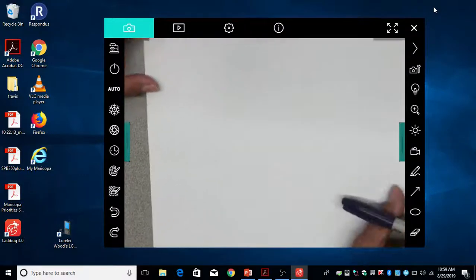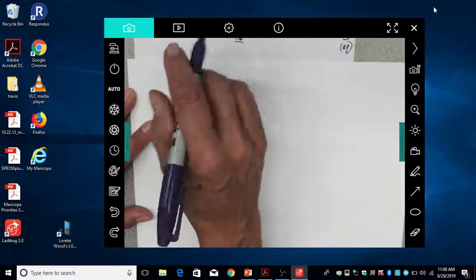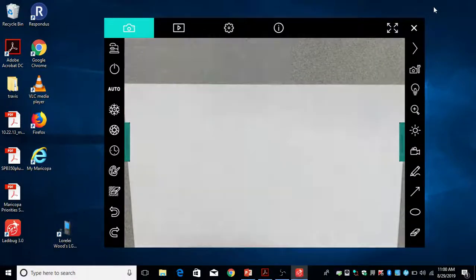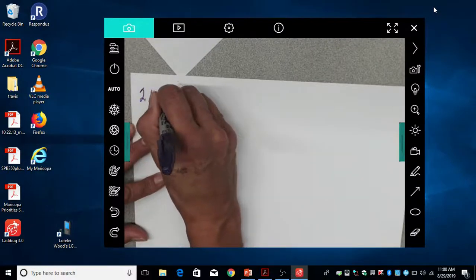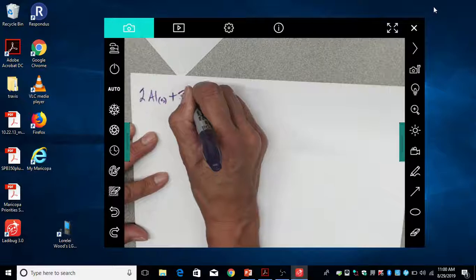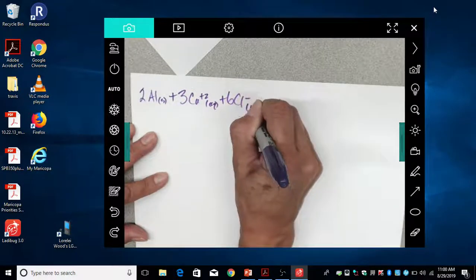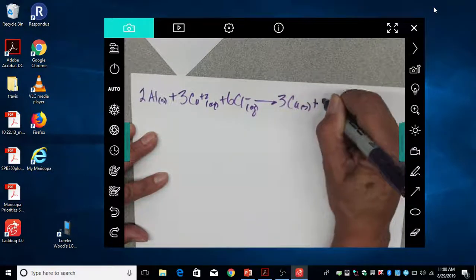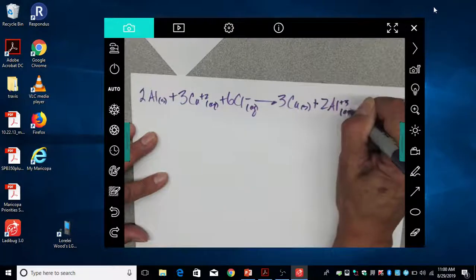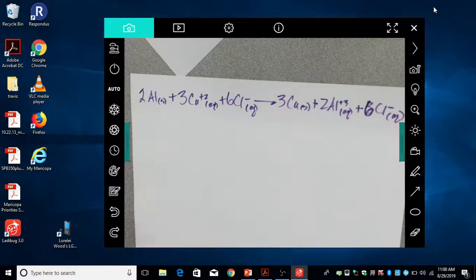All right, I think that's going to be better. I hate that. So, what did I do with my ionic equation? Well, I'll just rewrite it. All right, so now we've got the whole equation there.